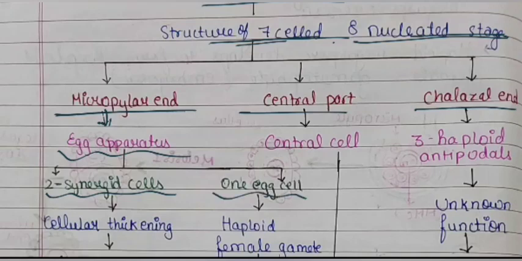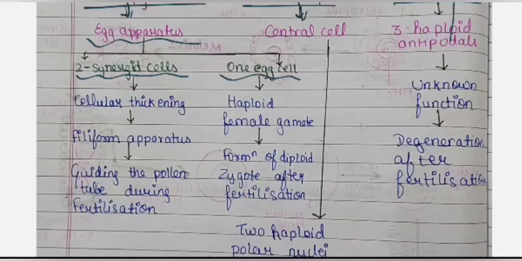In the central part is the central cell. Now in the egg apparatus, two synergid cells are present with a filiform apparatus, which guides the entry of the pollen tube during fertilization.